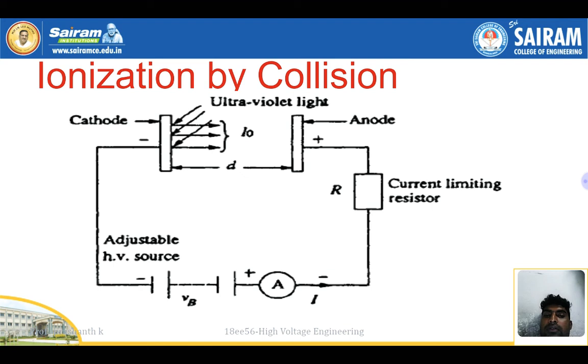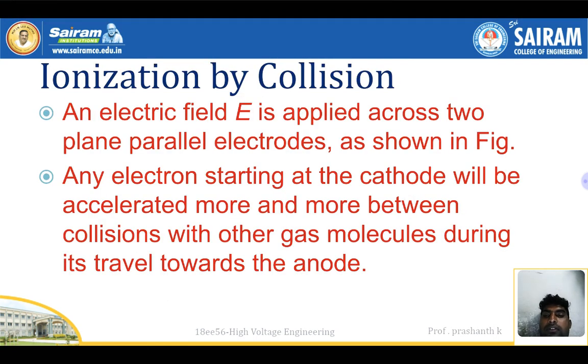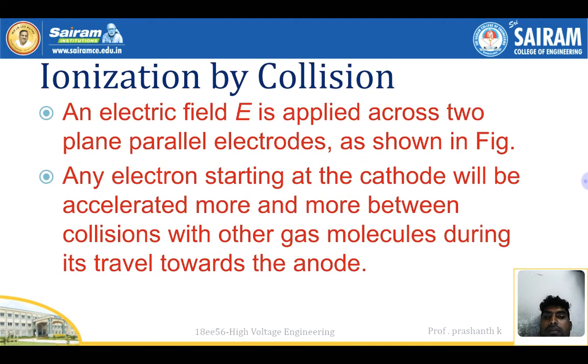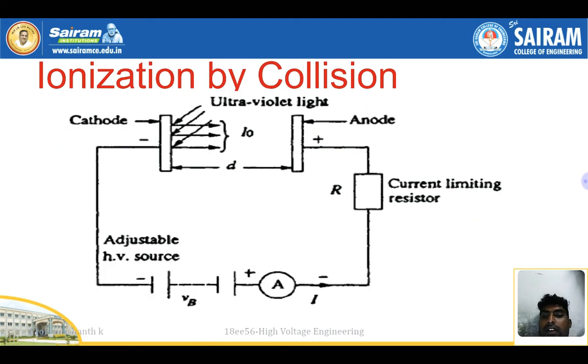This is the distance. A current limiting resistor is present to limit the current. There is an adjustable HV source, the cathode, and this is the anode. Ultraviolet light is there for energizing purposes.